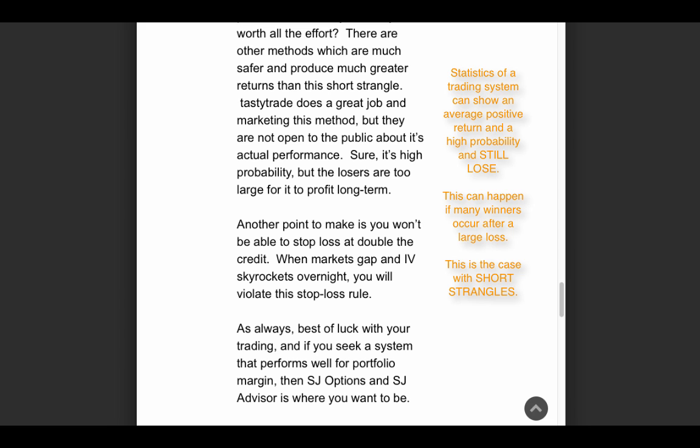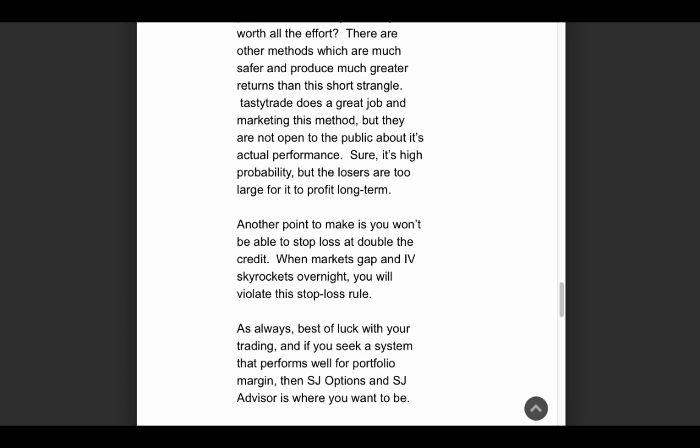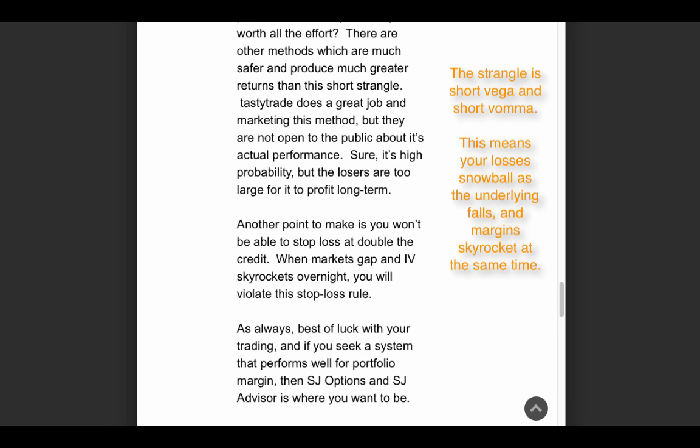The other thing I want you to understand is that with this trading method, it's a very strong negative vega trade, and it also has a very strong negative vomma position. Again, did they ever teach you that? What does that mean? Well, as the volatility rises, that negative vega position that you start with gets worse and fast. It snowballs.